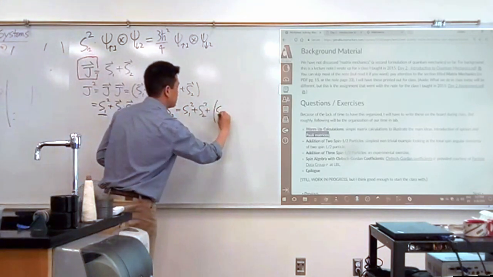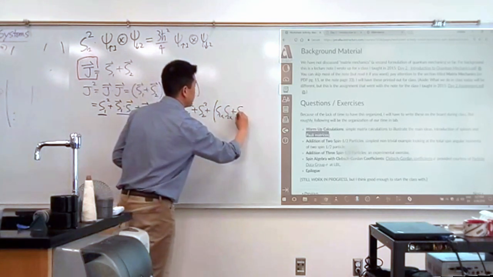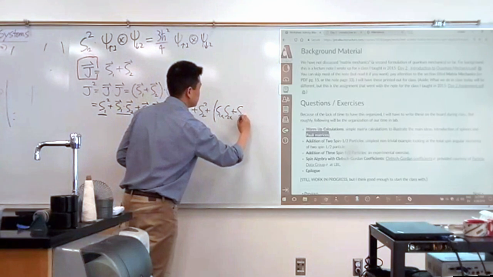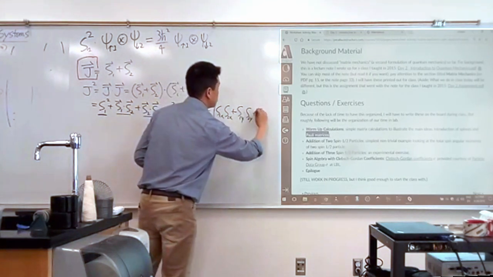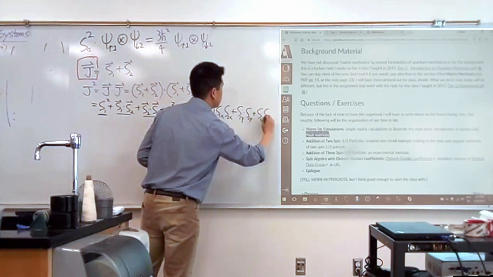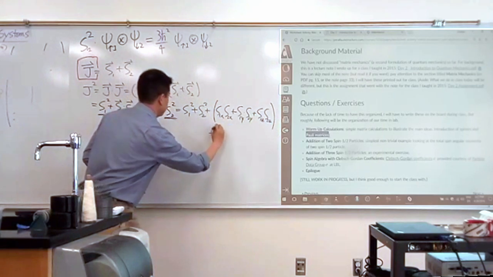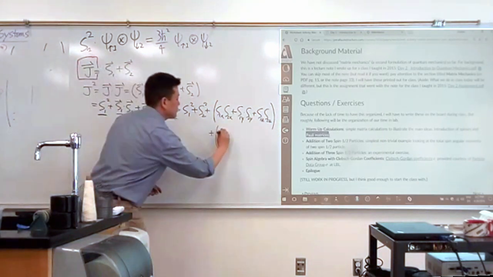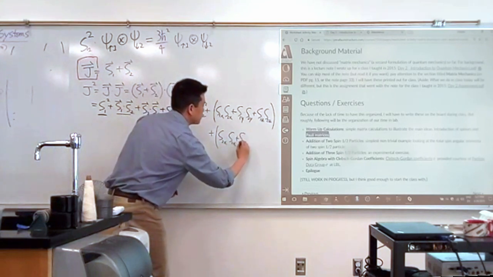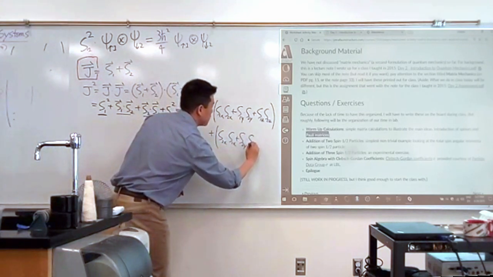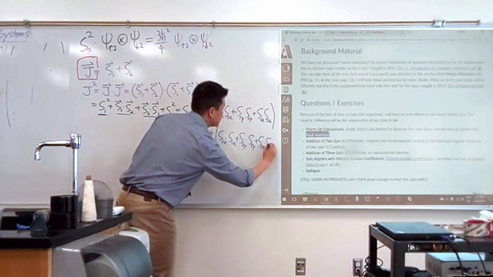It's going to be S1x S2x, plus S1y S2y, plus S1z S2z, that plus the order swapped: S2x times S1x plus S2y times S1y plus S2z times S1z.